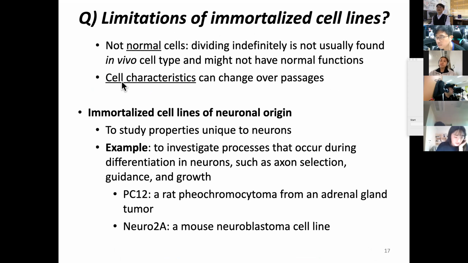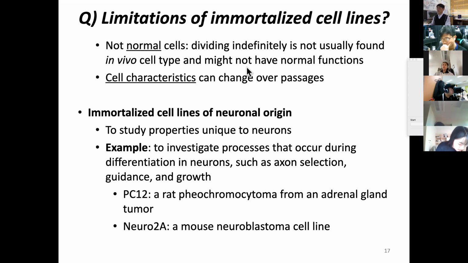And as I said, cell characteristics, even in a cell line, can change over passage. So be careful and always compare with the published results, the baseline, first before you draw conclusions or move on to more experiments, because you have to suspect your cell line first, okay? Otherwise, if the phenotype has already changed, you may not be able to publish.